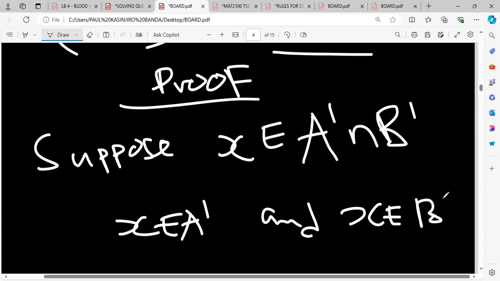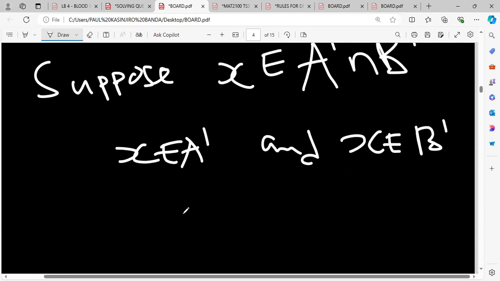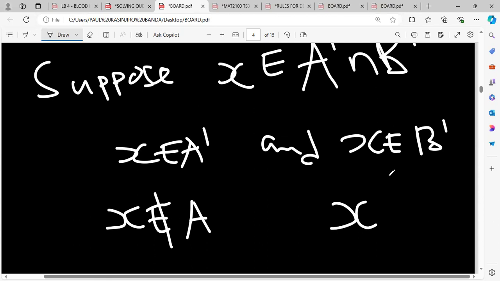B complement. Okay, and then from here, I can see that if X is in the A complement, what does that mean? It means that the X is not a member of what? A, okay? And then on the other side there, X will not be a member of what?